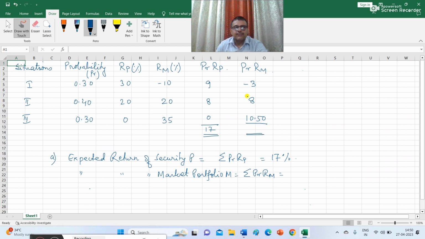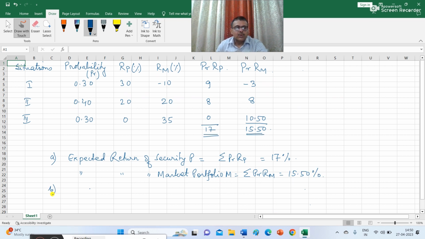The sum total of these three is 15.50. 0.3 multiplied with -10 is -3, 0.4 multiplied with 20 is 8, 0.3 multiplied with 35 is 10.5. So expected return of market portfolio M is 15.50%.